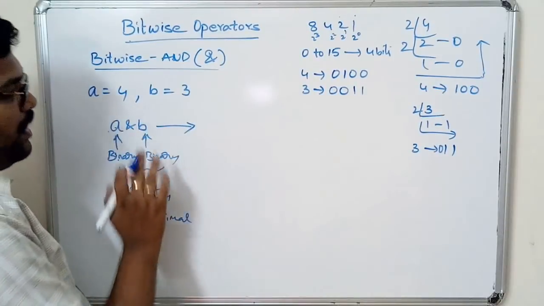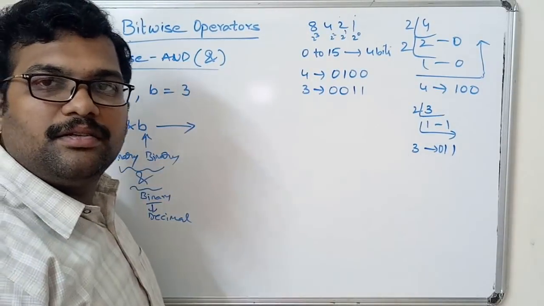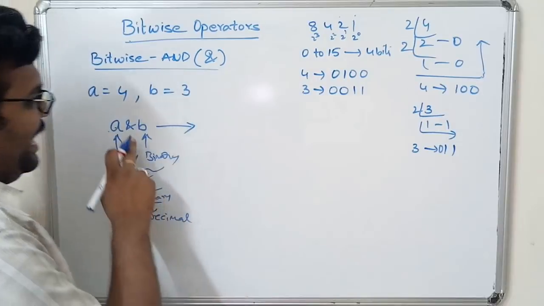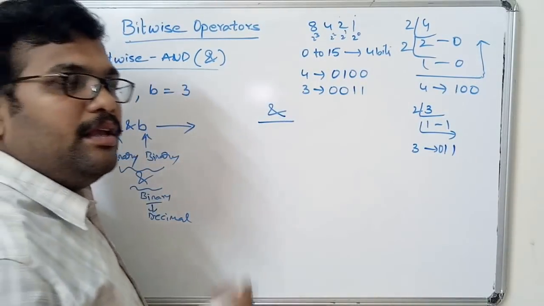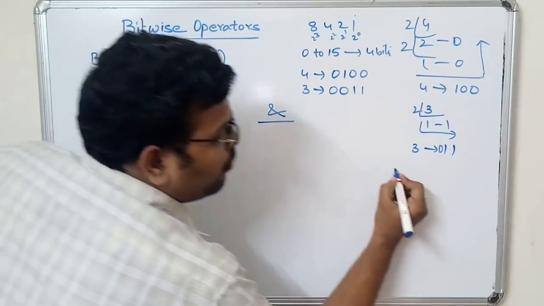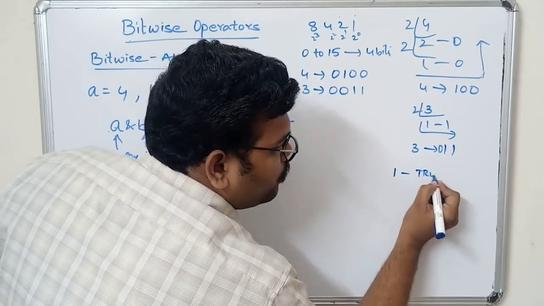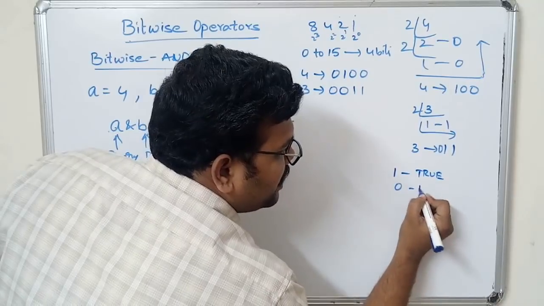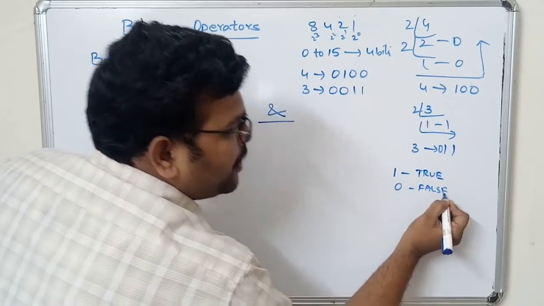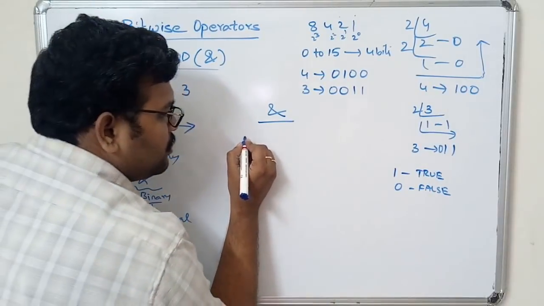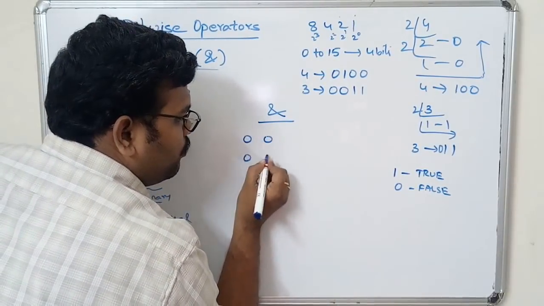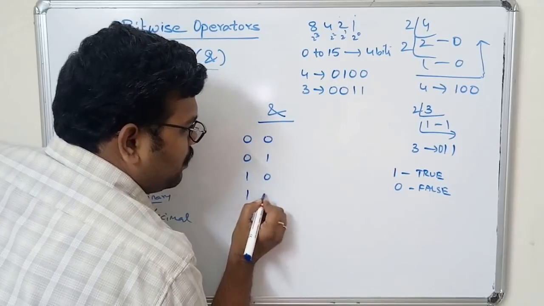So here for the AND operation we can represent in 4 bits. That's no problem. For the AND operation, 1 is represented as true and 0 is represented as false. So for 2 bits, let us write all the combinations: 0 0, 0 1, 1 0, 1 1.